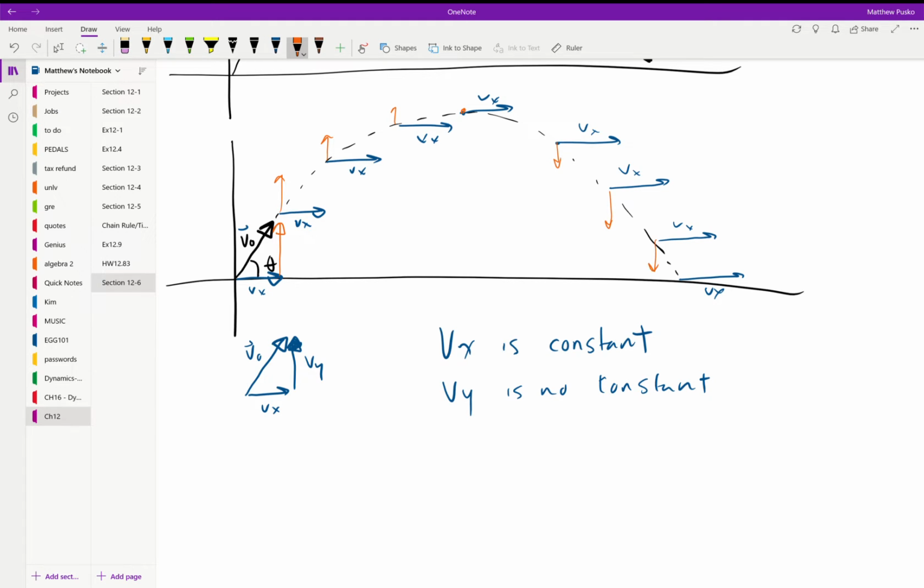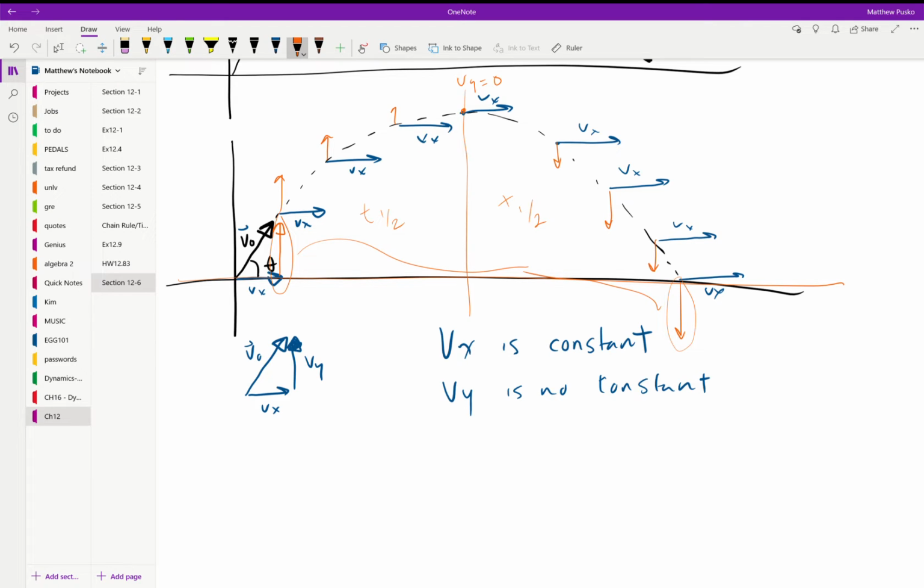And then, if it returns to the same level, it will have the same magnitude going down as it did when it was projected up. Okay, so we can say that the velocity in the y direction is 0 up at the top of the projectile, and if it returns to the same level, this is half of the flight time, and this is half of the flight time right here. If it doesn't return to the same level, we can't say that, and these velocity vectors right here will not be the same magnitude either.